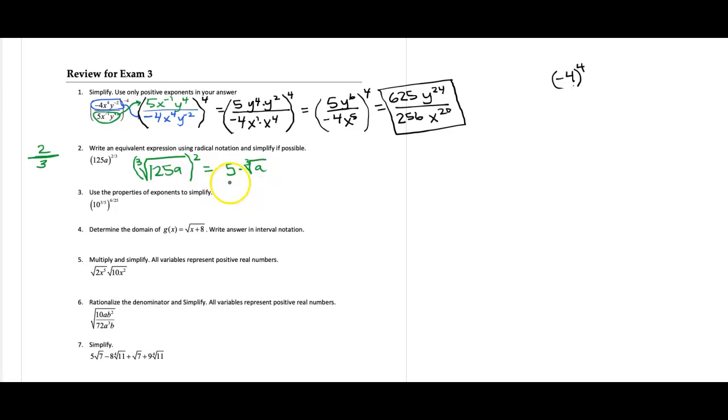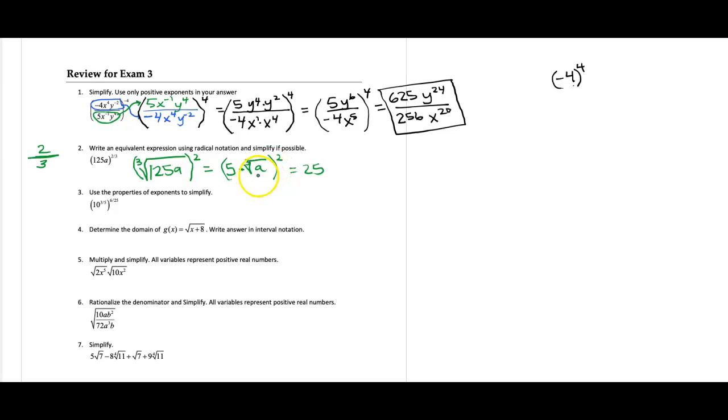All right. And now I still need to square everything here. So now I'm going to take 5 and square it. And this is connected by multiply, so I can do that. 5 squared is 25.